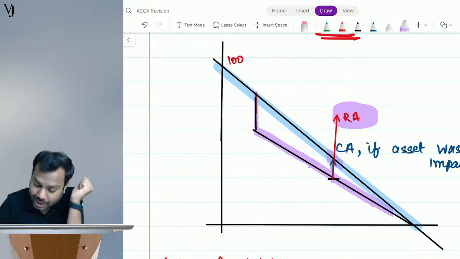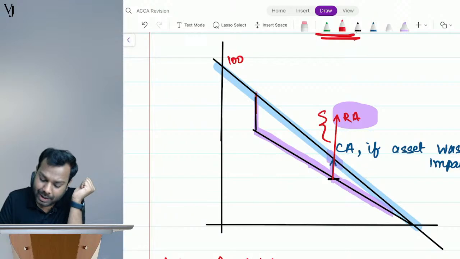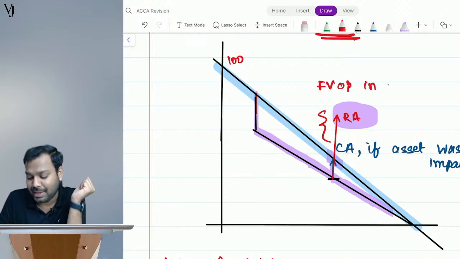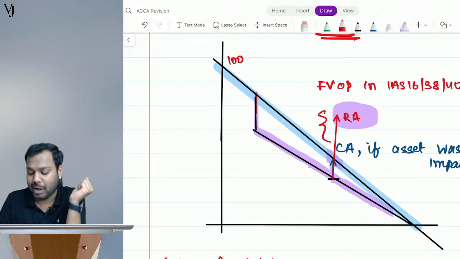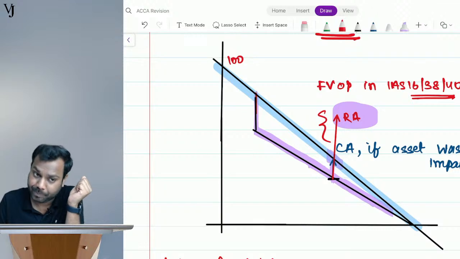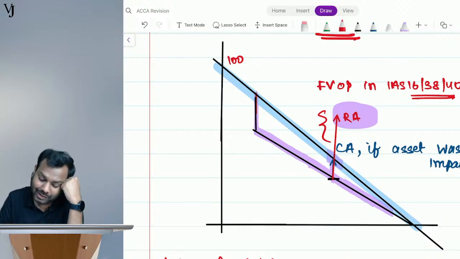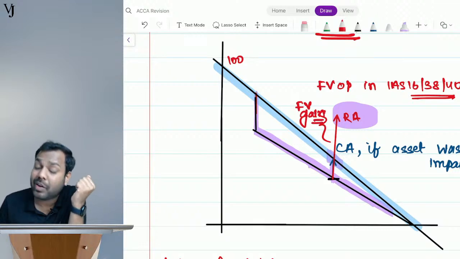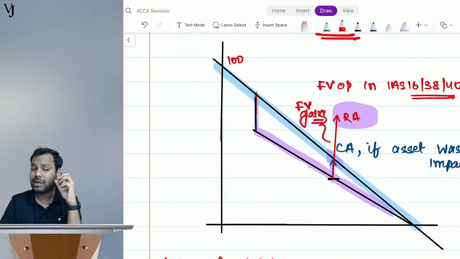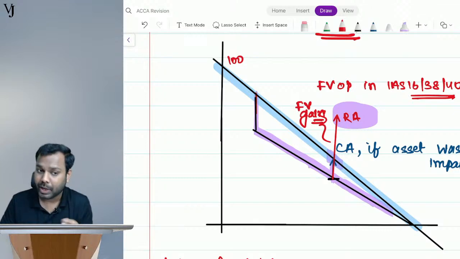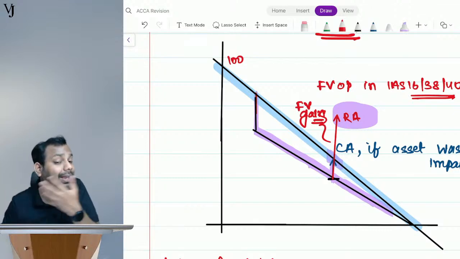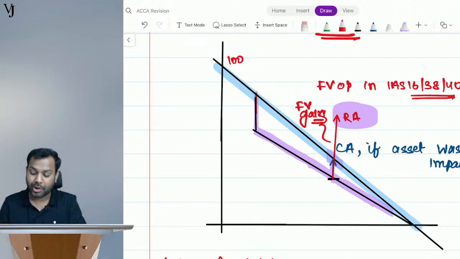You can recognize the remaining using the fair value option in IAS 16 or 38 or 40, but not using IAS 36. This can be called a fair value gain. This cannot be called reversal of impairment loss, because you can reverse what you create. You cannot reverse what you have not created. I hope you are understanding it.